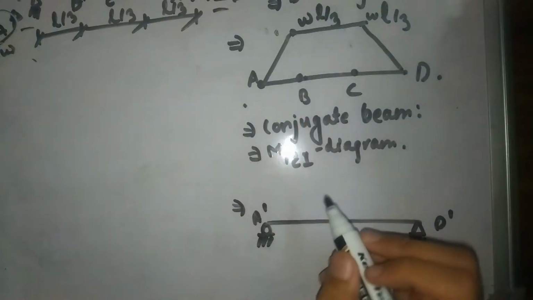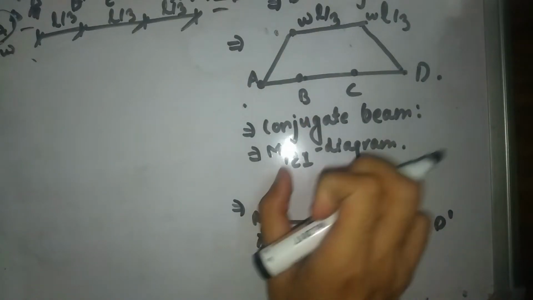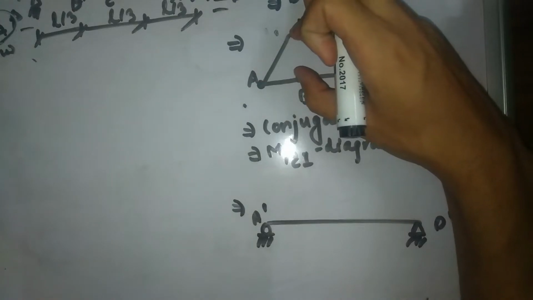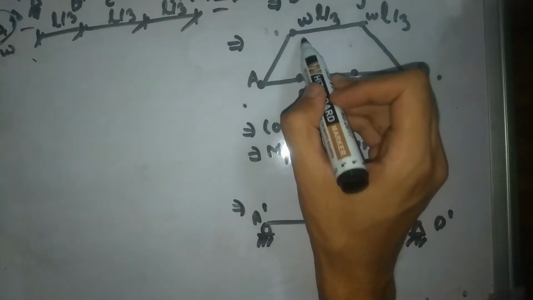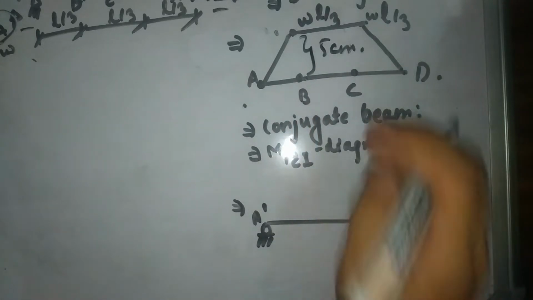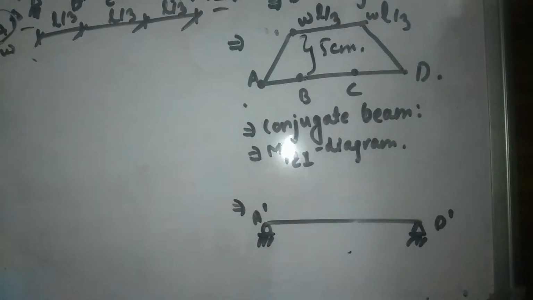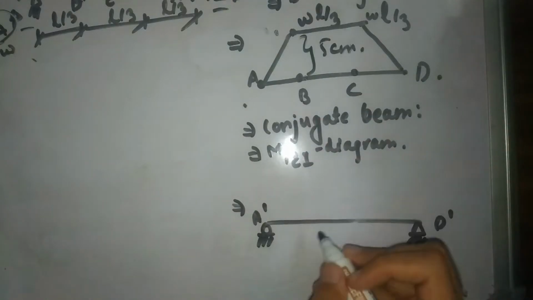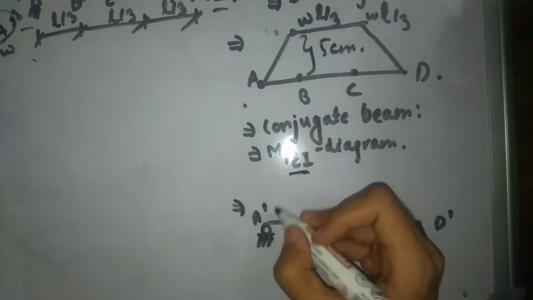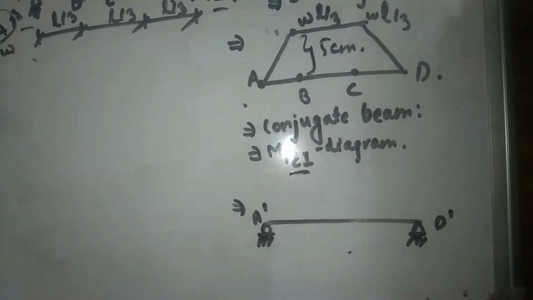So now I have WL by 3. As I divide by EI, the scale is going to get reduced. Let's say, just a random scale, if this was of 5 centimeter, dividing by EI it's not 5 centimeter, but just to clarify, I'm giving an example. It will be smaller, it might be like 2.5 or just smaller.